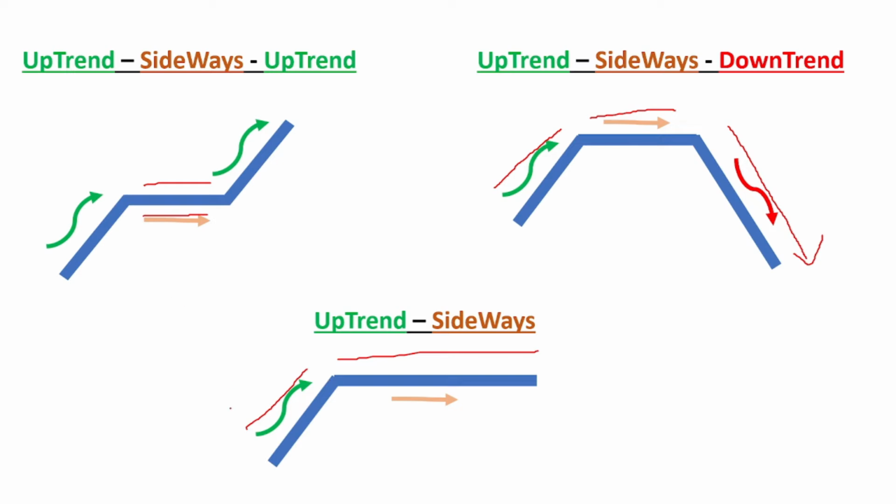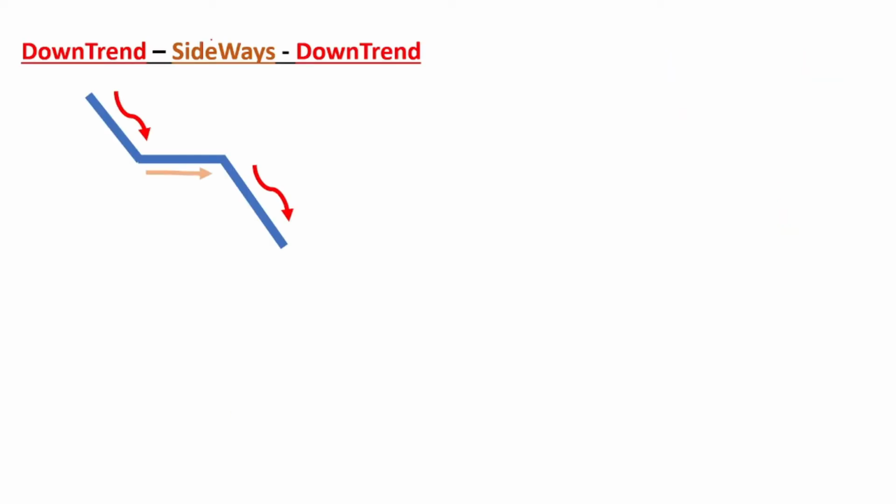All right. Now let us look at another scenario where the prior trend is a downtrend. Here again, when the market is in downtrend, we see some sideways movement while it is falling, and before continuing its downtrend, sometimes the market stays sideways for some period of time. All right. So this is one possible trend that can happen in the market.